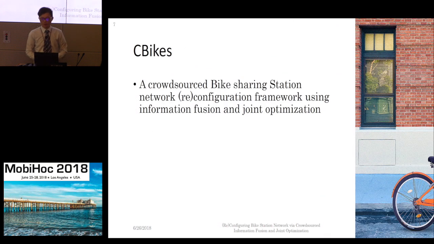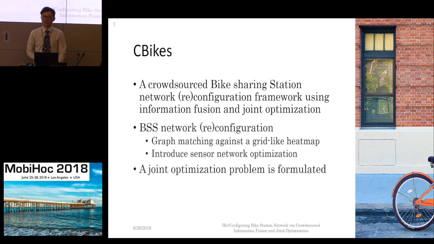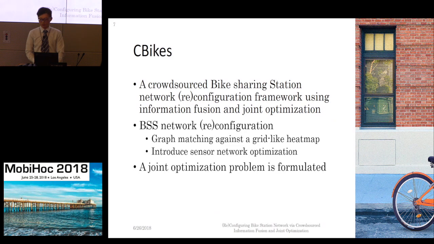So here we propose CBytes, a crowdsourced bike sharing station network reconfiguration framework, which uses information fusion and joint optimization to decide where the stations should be relocated and how the docks should be resized. We consider the entire city area discretized into many grids and form a heat map-like evaluation over the closeness of the stations with respect to the grid.